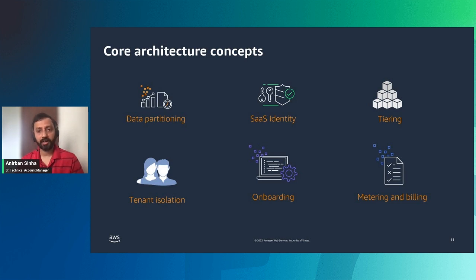In case of tiering, we talk about what type of basic tiering or advanced tiering. So in that case, how you offer your features to your different tenants, right? And then metering and billing is just to measure the tenant consumption and the activity in your system and generate bills accordingly.